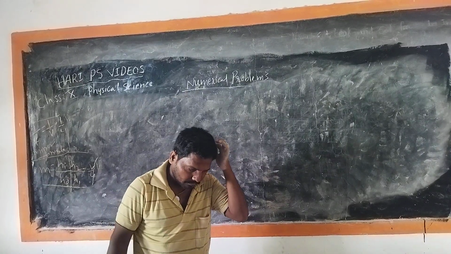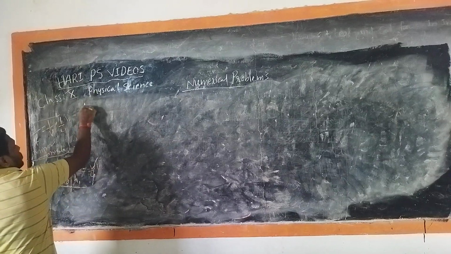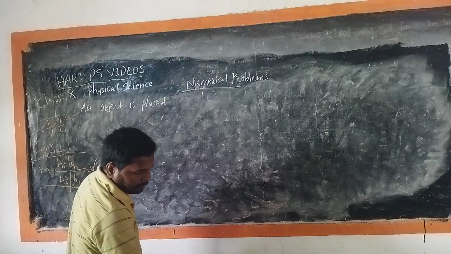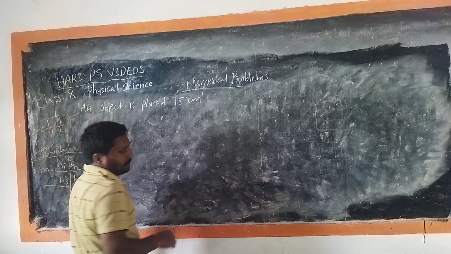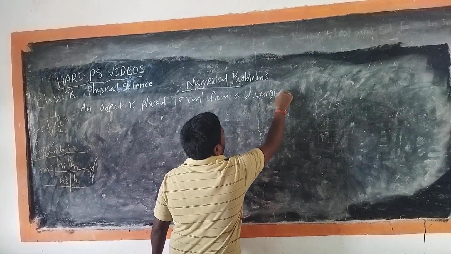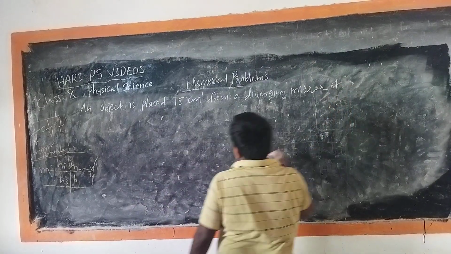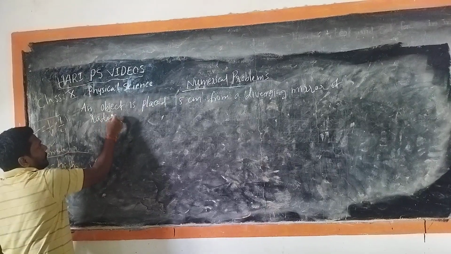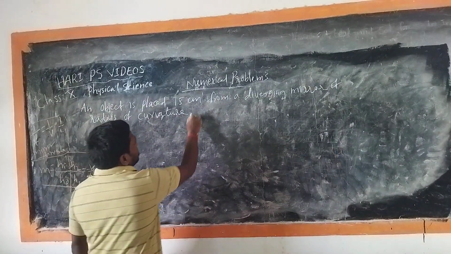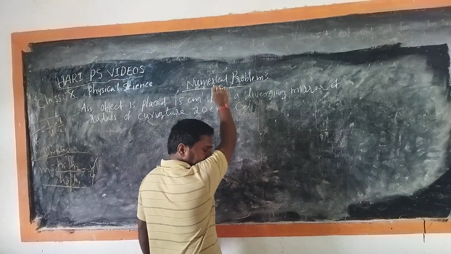Let us discuss one problem. An object is placed 15 centimeter from a diverging mirror of radius of curvature 20 centimeter.